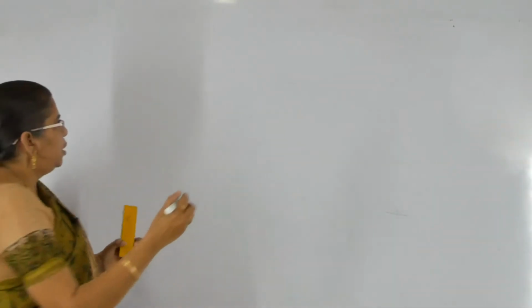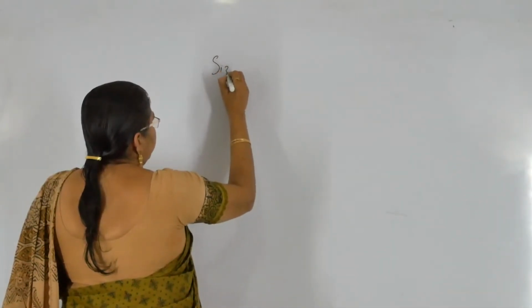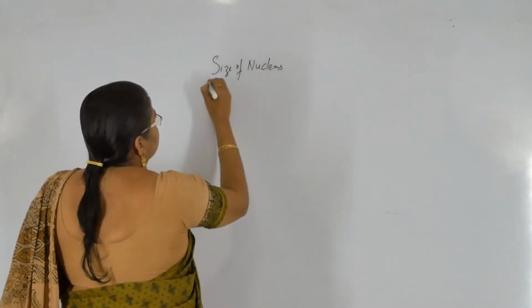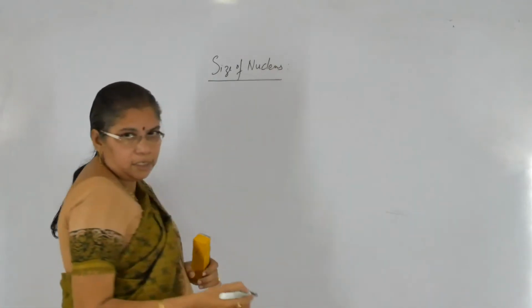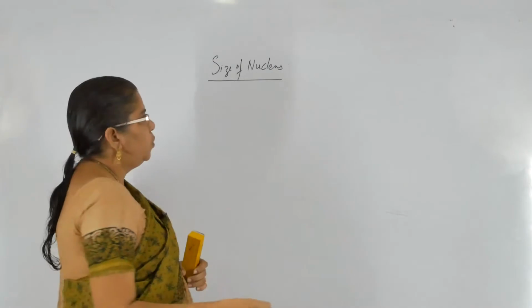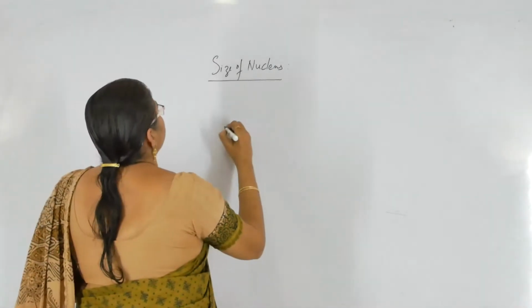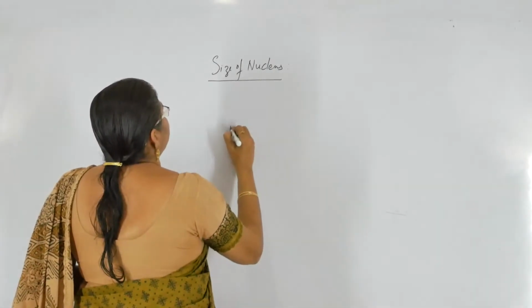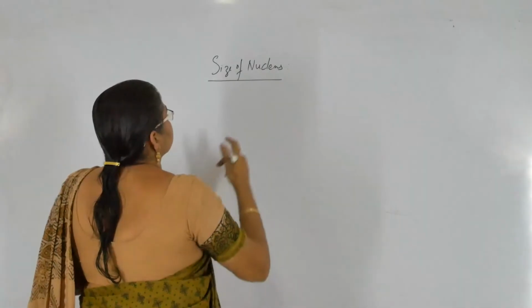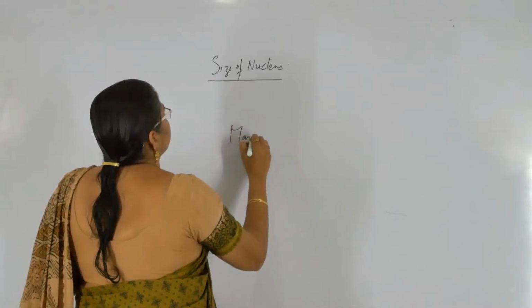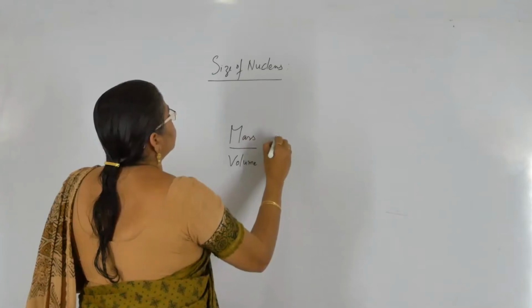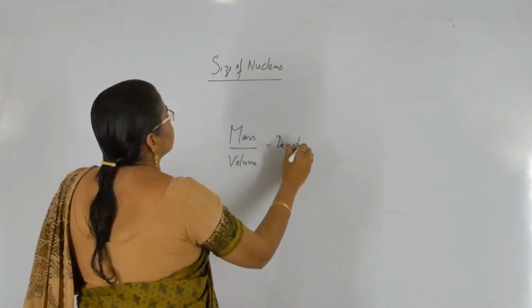Now we come to the size of the nucleus. Before speaking of the size of the nucleus, we have the formula mass by volume is equal to density.